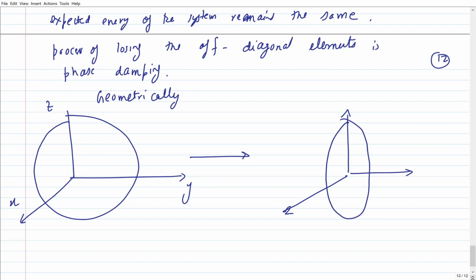I'm having a contraction about the z-axis. So this is the phase damping, or losing my off diagonal elements, and this is causing a contraction along the z-axis.